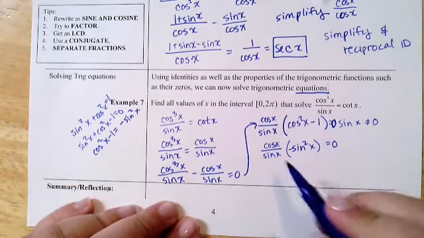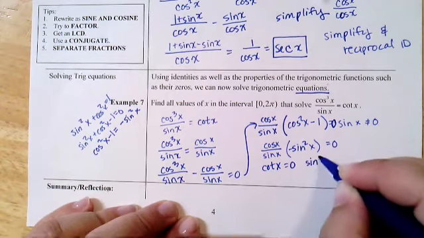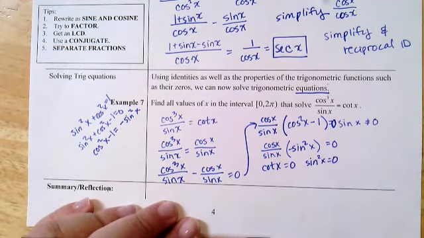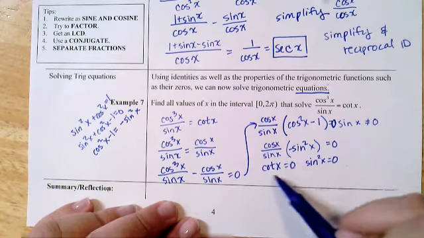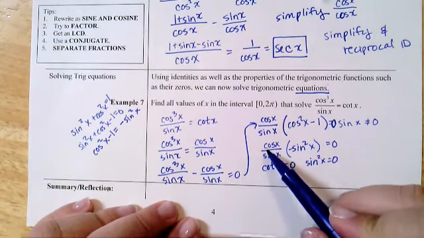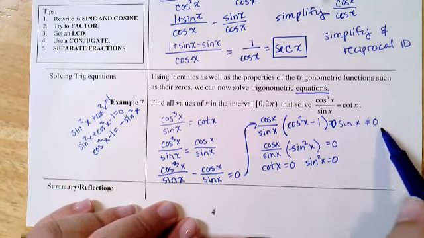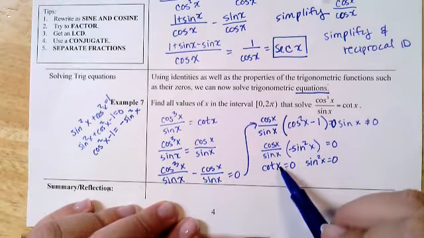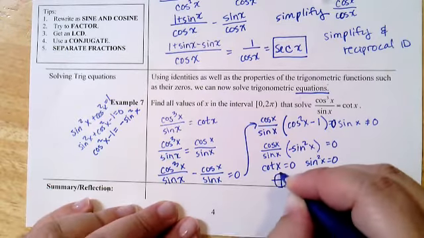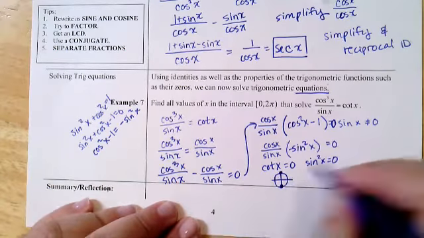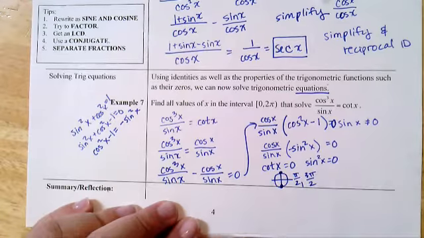So now I have cotangent of x is 0 and sine squared x is 0. Using the zero product property, I want to find each of these. Now we know that cotangent of x is 0 where cosine is 0, right? We need to find places where sine of x is not 0. So cotangent of x is 0 where cosine is 0, which is going to be at pi over 2 and 3 pi over 2.